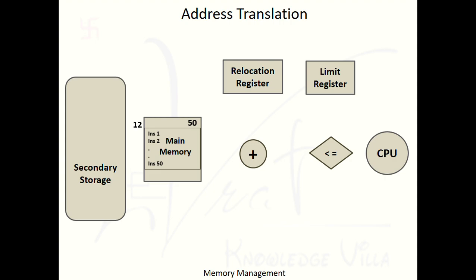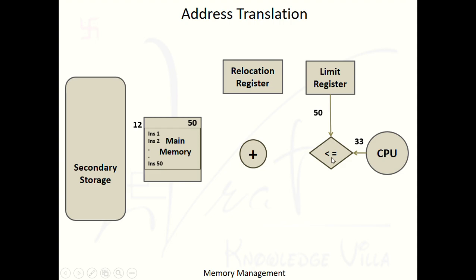Let's start searching. CPU is searching for instruction number 33. We have stored 50 instructions, and out of these 50 instructions, we are looking for the 33rd instruction. Whatever the total number of instructions is, we have to store inside the limit register, so we will store 50 inside the limit register.